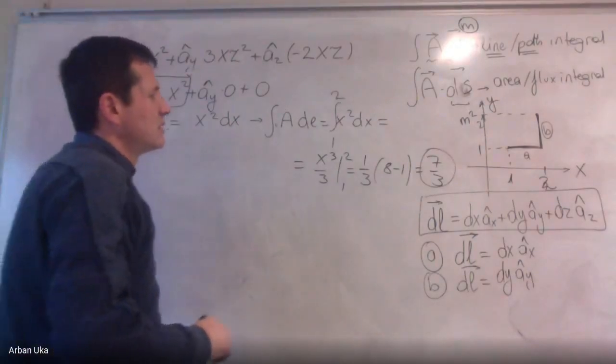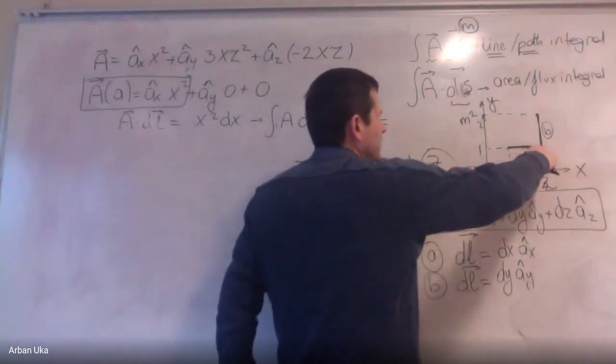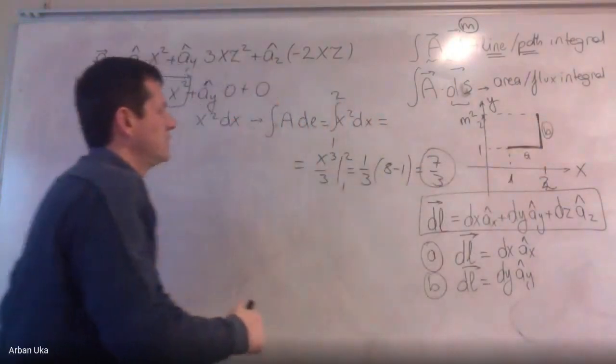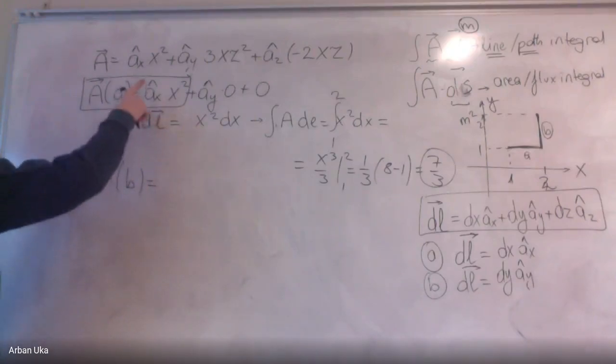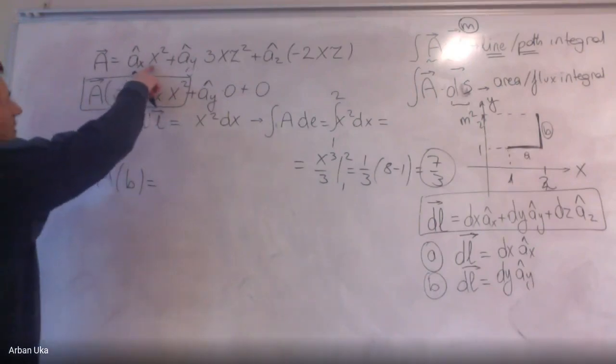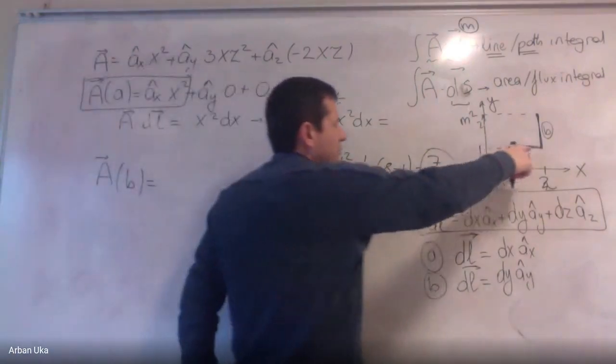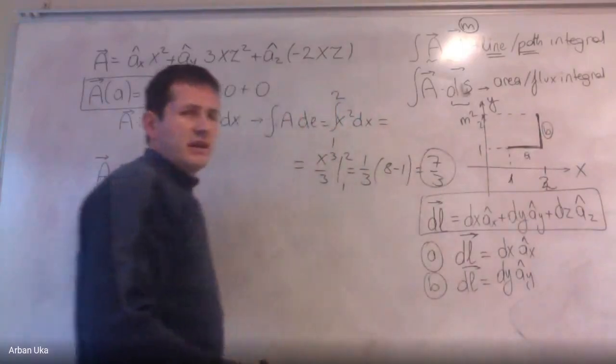Then we need to determine the same thing for this vector if you are moving along the path B. For this vector A along path B itself, what is x along the path B? X is a fixed quantity, equal to 2.